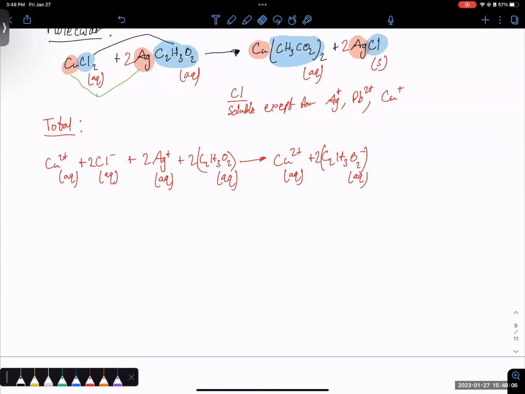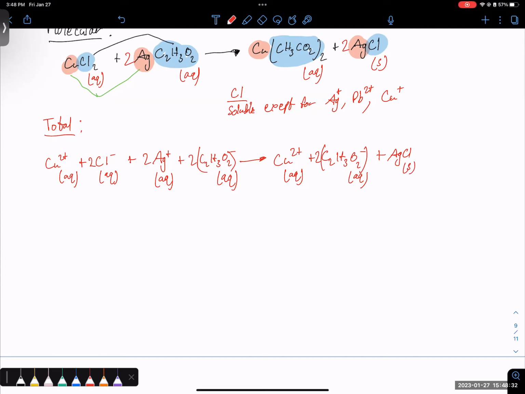All right. Now, silver chloride. We said that was insoluble, right? So if something is insoluble, can it break up into its ions? So how would we write this in the total ionic equation? Straight up, exactly. AgCl, it's solid.